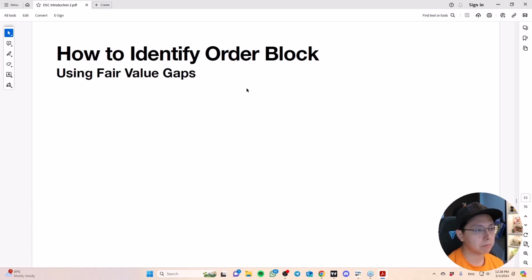They are market imbalances, which means that when the market closes, something happens that affects the price of the stock. But since the market is closed, the very next day when it opens, it gaps. So it creates what we call an imbalance because it jumped a certain price range.